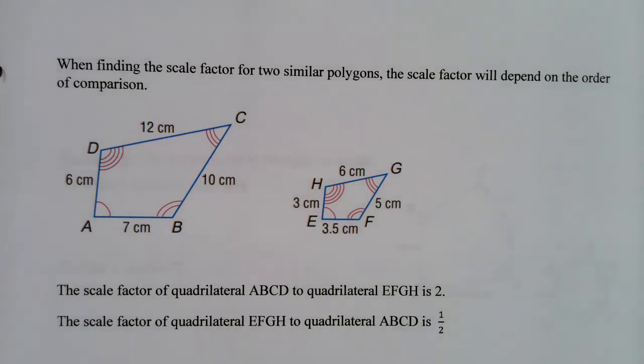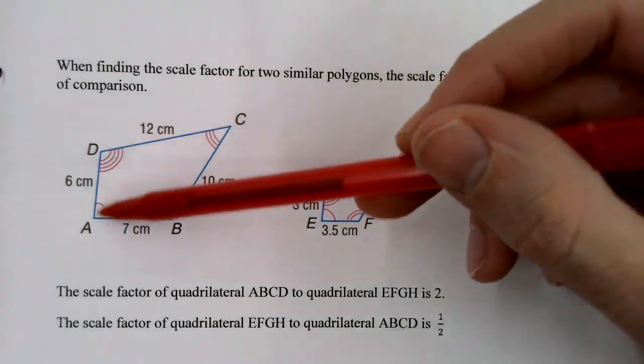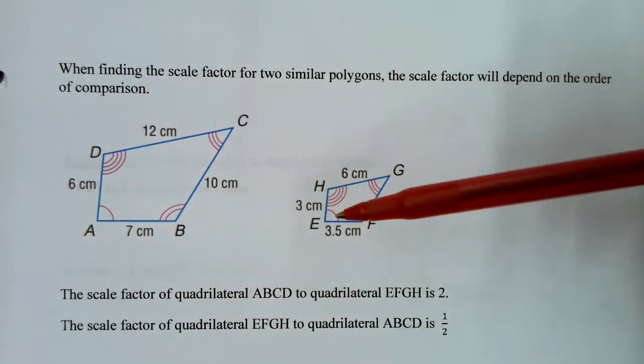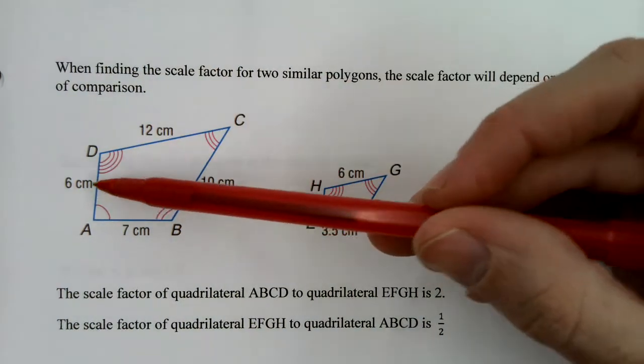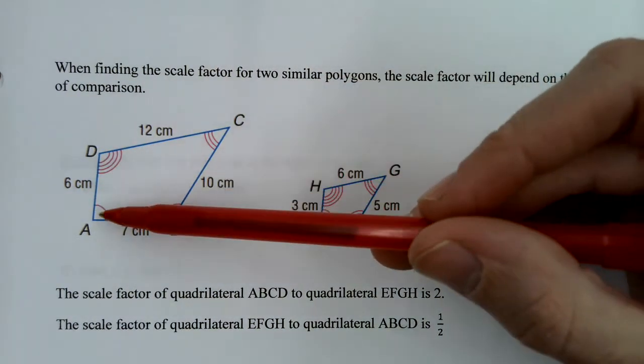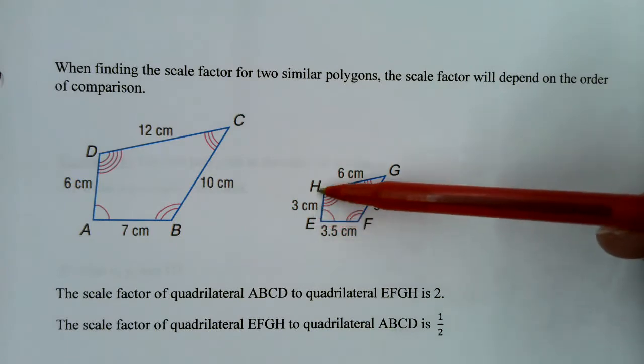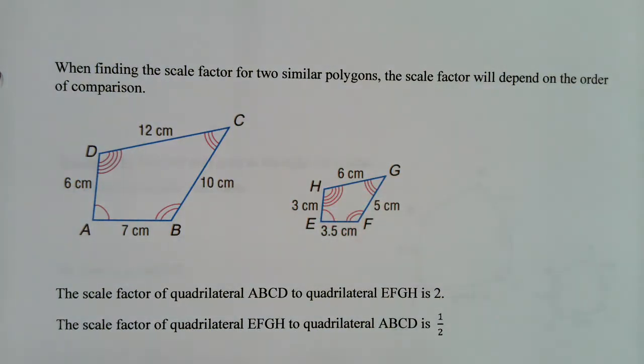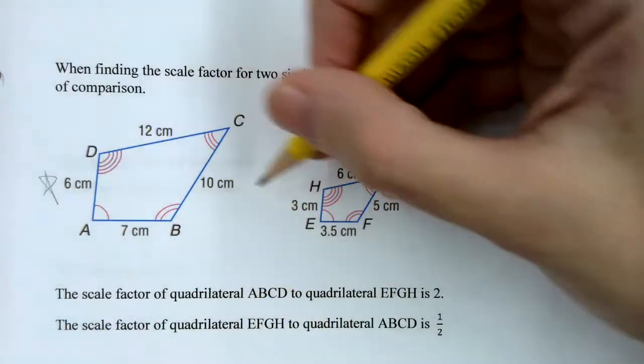So let's pick two corresponding sides. So let's focus on AD and EH. AD corresponds to EH because AD is between the angle with 1 arc and 4 arcs, and EH is also between the angle with 1 arc and 4 arcs. So let's focus on this side and this side.